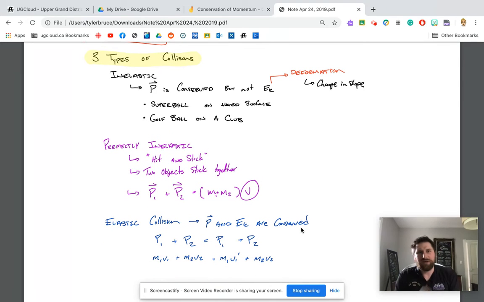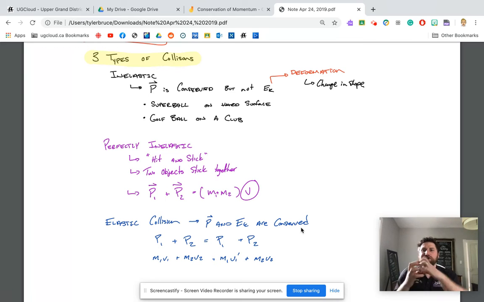So before we start talking about collisions, we should talk about the types of collisions. There are three types: inelastic, perfectly inelastic, and elastic. In an inelastic collision, the momentum is conserved, but not the kinetic energy.